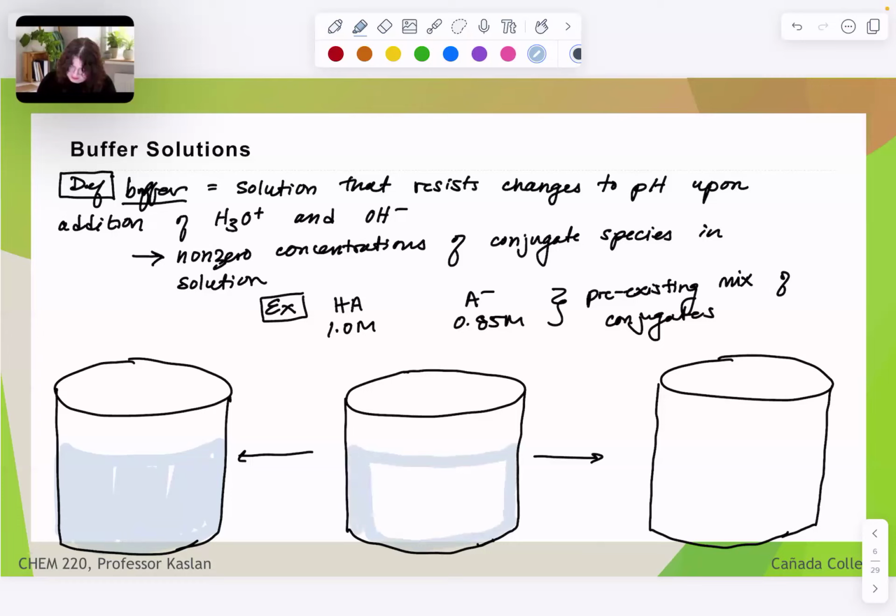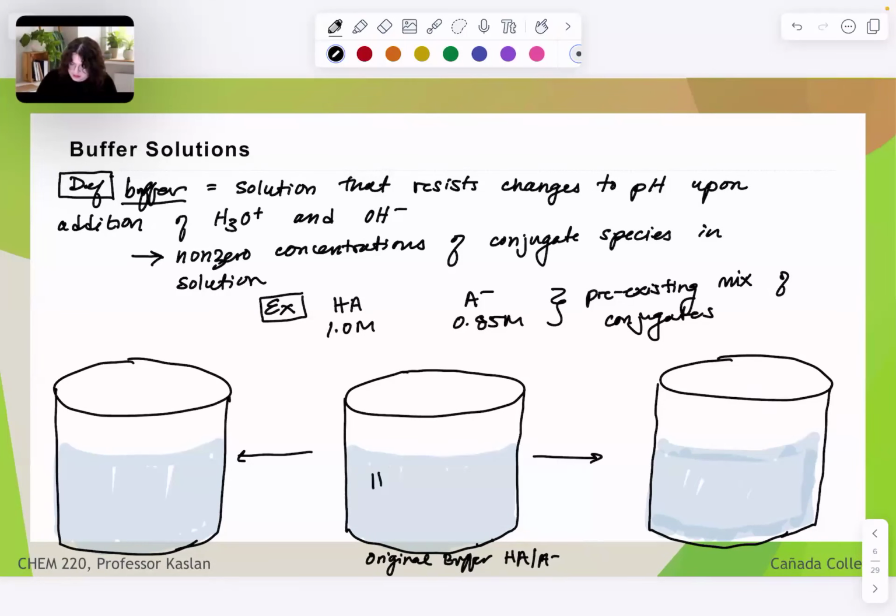Okay, so I'm going to look at a weak acid buffer solution. In the middle here, this is going to be my original buffer that contains HA and its anion A minus. So I've got HA, which I know dissociates into H3O plus and A minus.